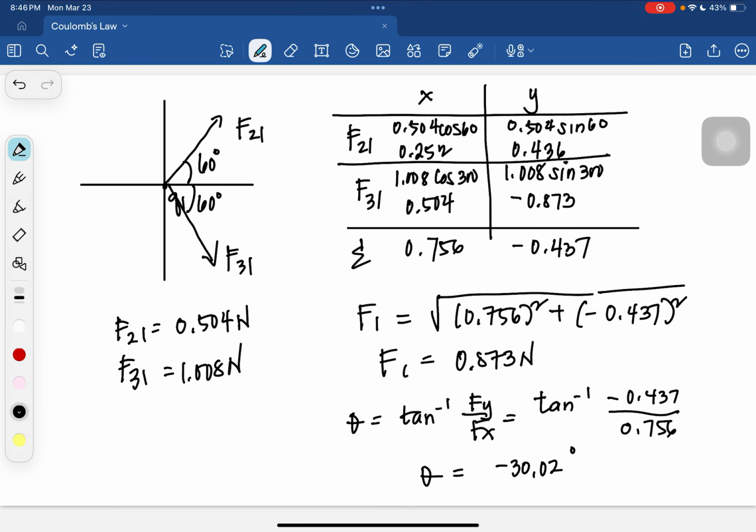Okay, so that's how you solve another problem with three point charges, but the configuration is an equilateral triangle. Hopefully the two problems will be enough to strengthen your skills in solving Coulomb's law problems.